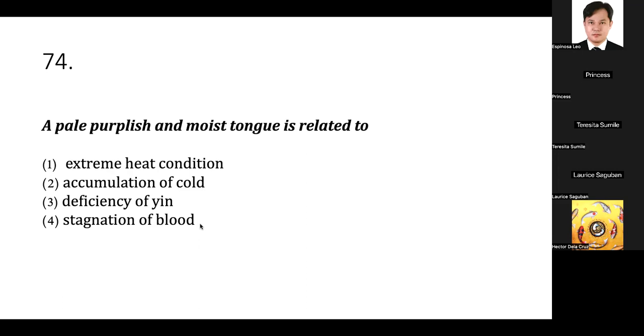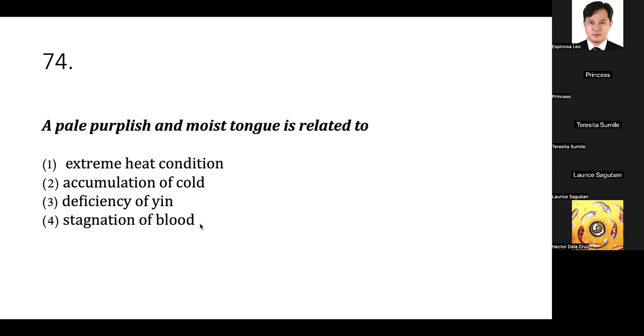Hindi ka makakita sa malayo? Nearsighted, Doc. So kung nearsighted ka, tanggalin mo yung salamin. Ay, hindi ko na makita yan, Doc. Malabo na. Ilapit mo ng konti. Mas malabo. Palitan mo na siguro talaga yung salamin mo. Meron ka yatang astigmatism. Meron nga, Doc.